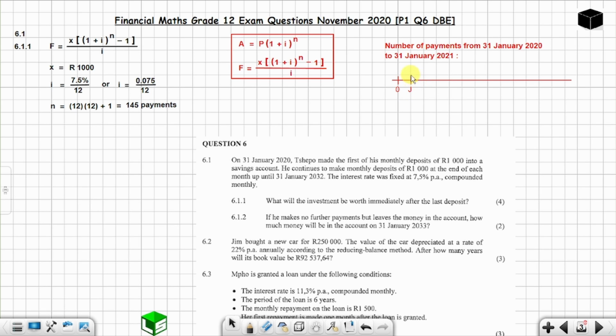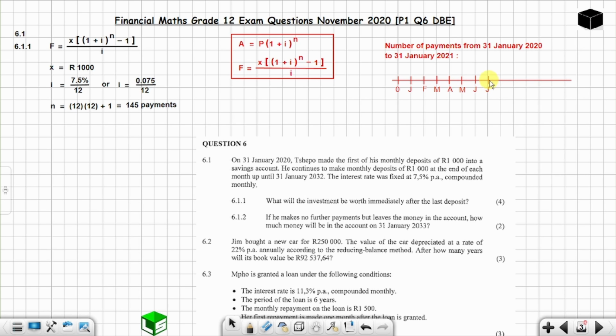Okay, we continue. Now you start with February and end of February, right? Now you start with March and end of March, right? You start with April and end of April, okay? And then May, end of May, end of June, end of July, okay?